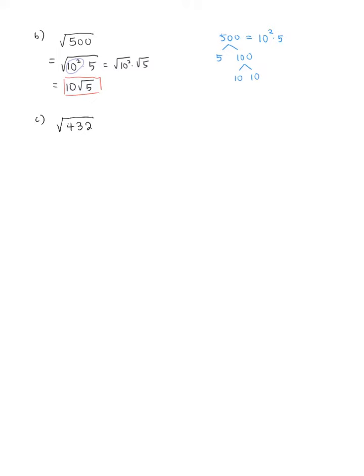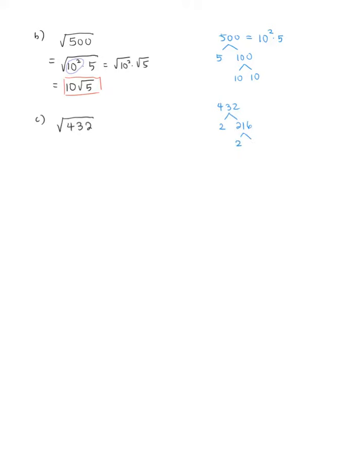Okay, now let's look at the square root of 432. So again, I cannot figure out what the biggest perfect square factor of 432 is, so I'm just going to break it down. So 432, since it's an even number, 2 is going to go in. So what's 432 divided by 2? 216. All right, now that's still even, so for sure 2 is going to go in.